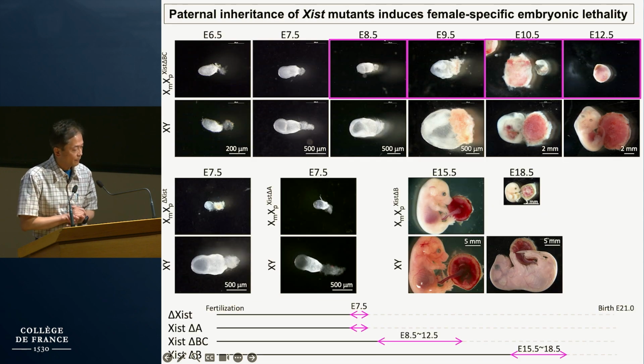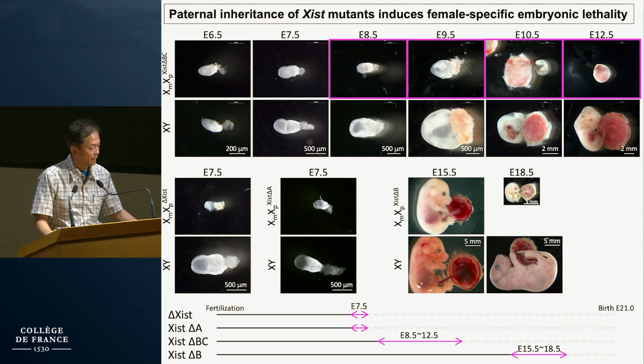We first checked the phenotypes of female embryonic lethality. Here, the top panel shows the BC repeat mutant. In this magenta region, I think they are lethal from E8.5 to E12.5. In contrast, the Xist mutant and Xist A repeat mutant showed more severe phenotypes. They died around E7.5.